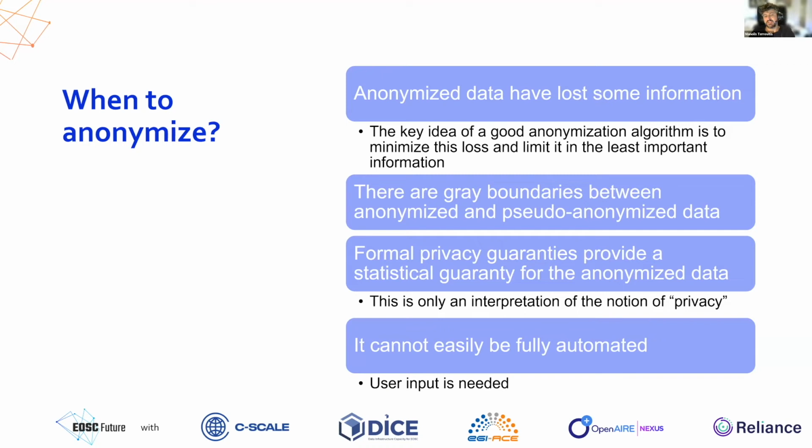A key challenge for data anonymization techniques is to minimize the information loss while providing the desired privacy guarantee. There are some gray boundaries between pseudonymized and anonymized data. I'm not going to delve into this here, but even in cases where you have some statistical guarantee that the transformation is irreversible, it can be partially reversible.